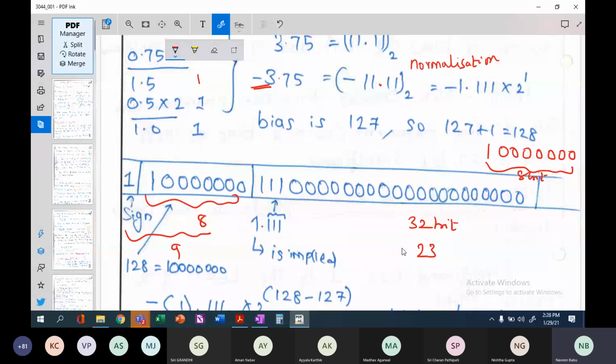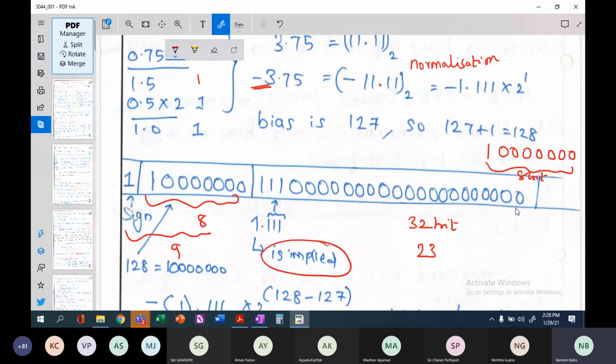So what is the mantissa part, or the significand part? The significand part is 111 and then all the rest zeros. Out of 1.111, we are considering 111 because the leading 1 dot is already implied in the format.